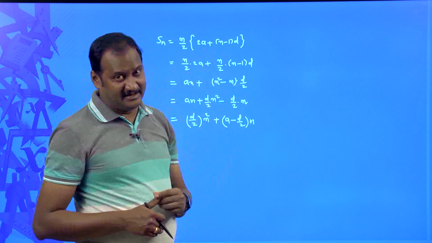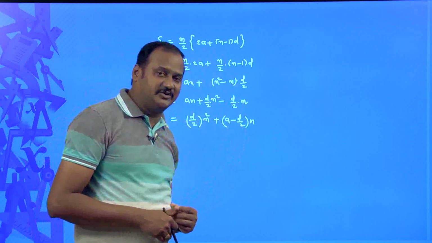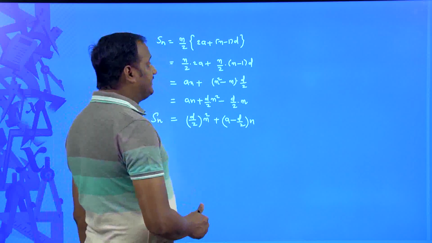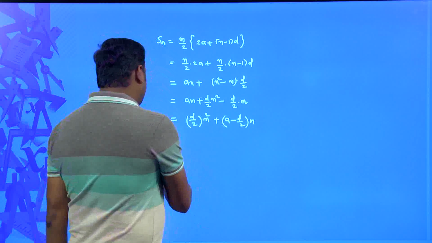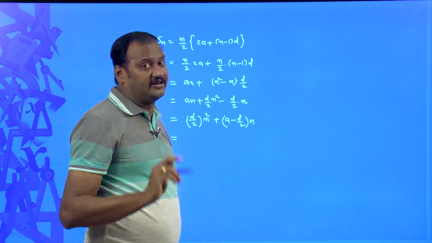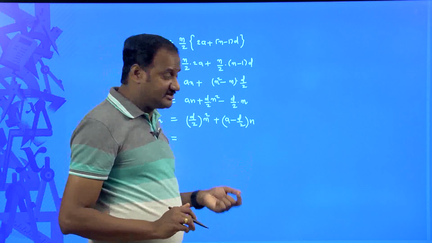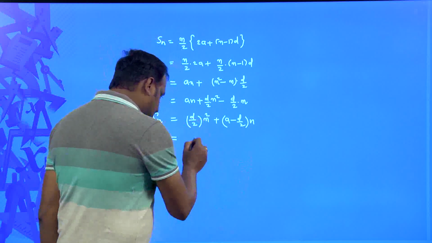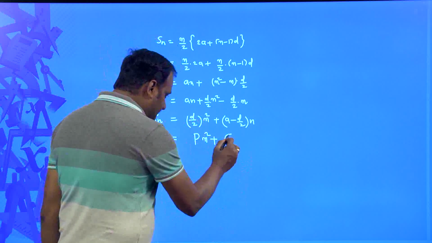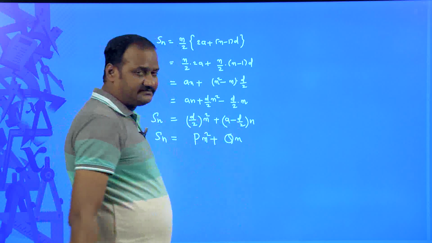But here the value of c is going to be 0. So, you can say sum to n terms of an arithmetic progression would be a second degree expression without a constant. So, you can write it as something into n square plus something into n.